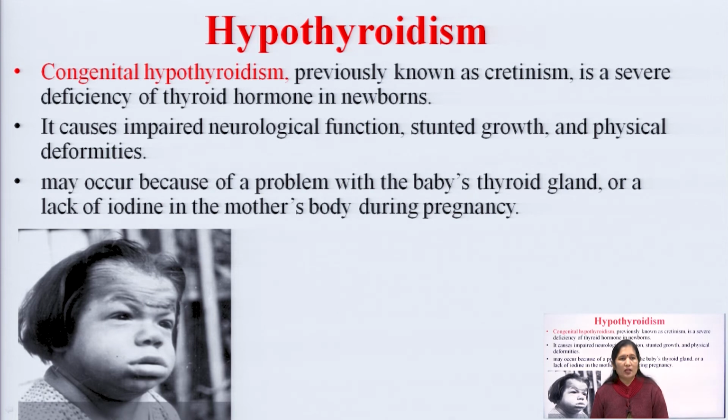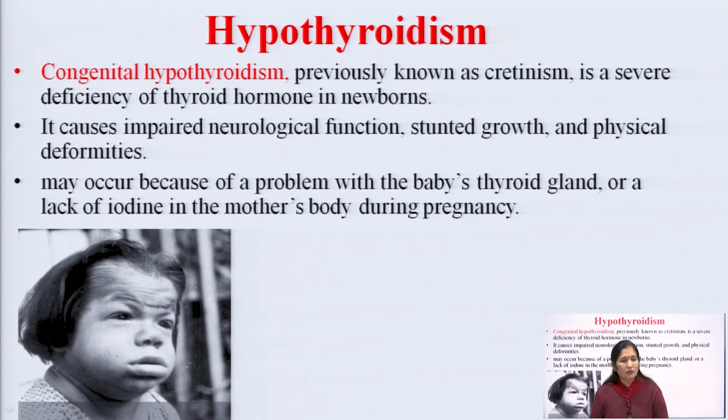Earlier we called it cretinism; nowadays we call it congenital hypothyroidism, that is, a severe deficiency of thyroid hormone in newborns.